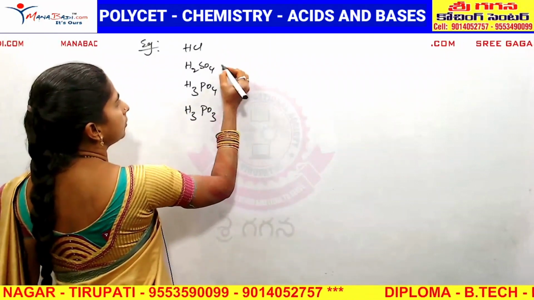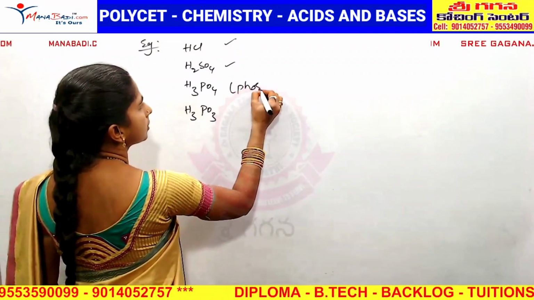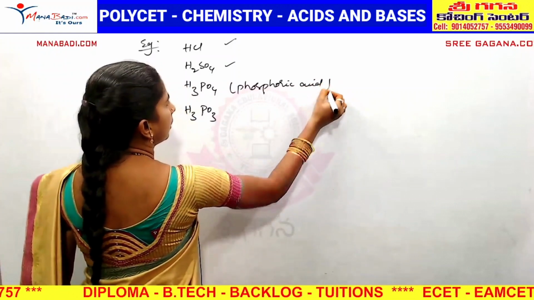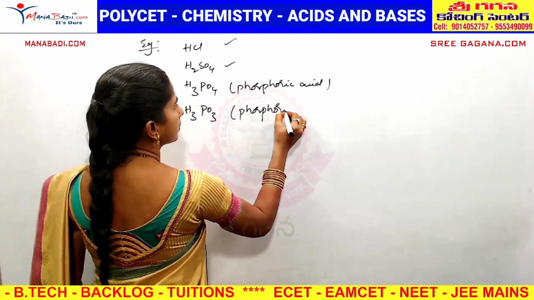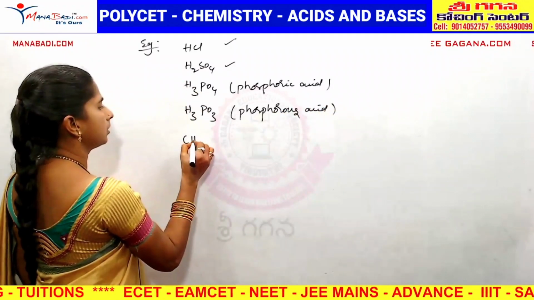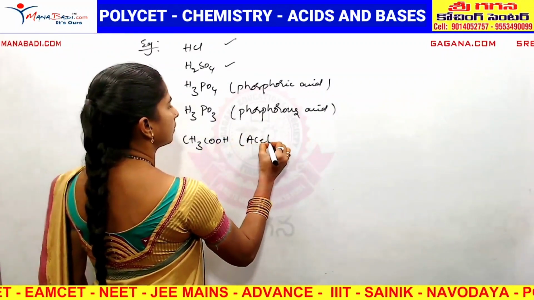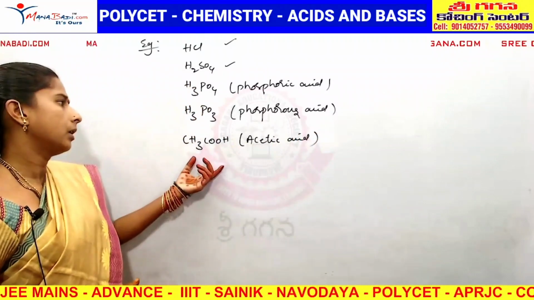This is hydrochloric acid, sulfuric acid, this is phosphoric acid, and this is phosphorus acid, and CH3COOH, acetic acid. All these are examples for acid.